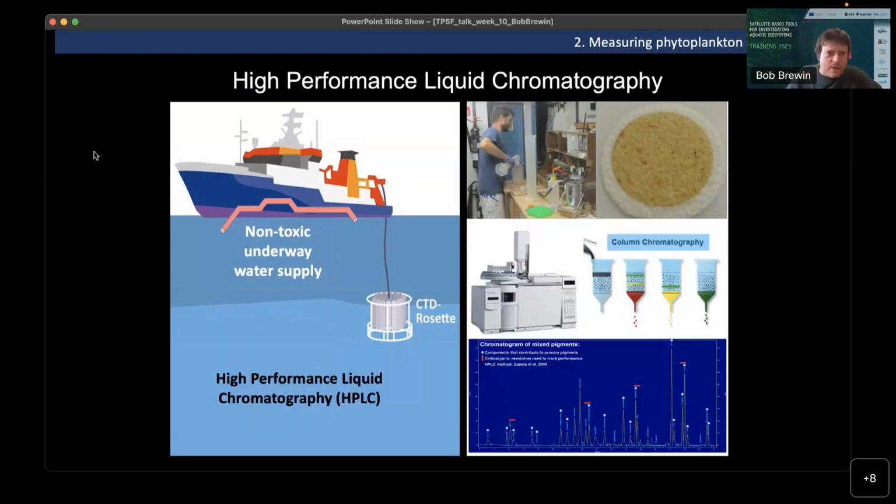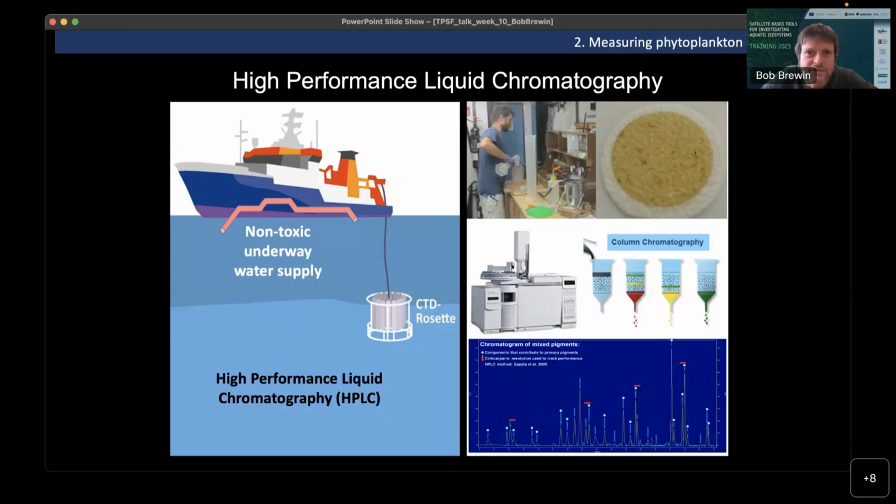Another way of doing it, which is commonly adopted in satellite validation protocols, is to use high performance liquid chromatography. So similar to the fluorometric methods, you filter onto a GFF or glass fiber filter.